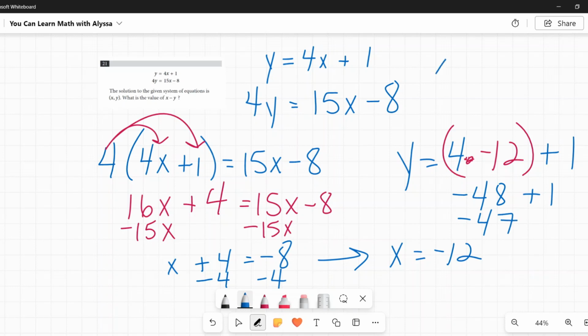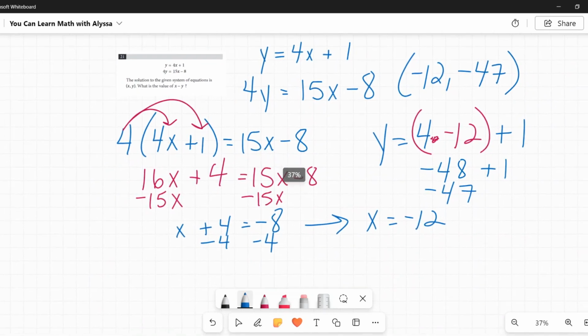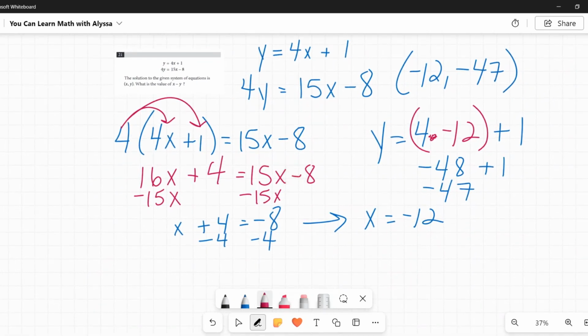So x is negative 12 and y is negative 47. What is x minus y? Be careful here because we've got these negatives going about. That would be negative 12 minus a negative 47, which is a positive 35. Boom. That is the substitution method.